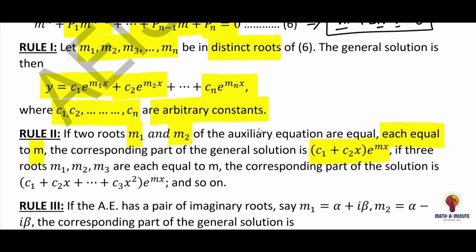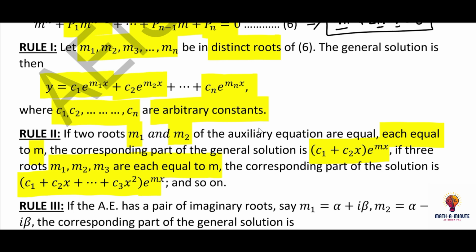Okay, so if there are n equal roots equal to m, then the complementary function will be (c1 plus c2x up to cn x to the power n minus 1) e to the power mx.